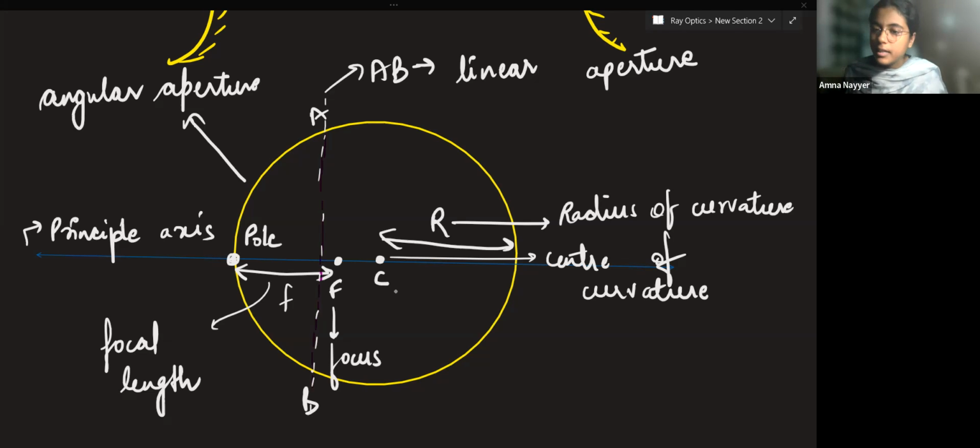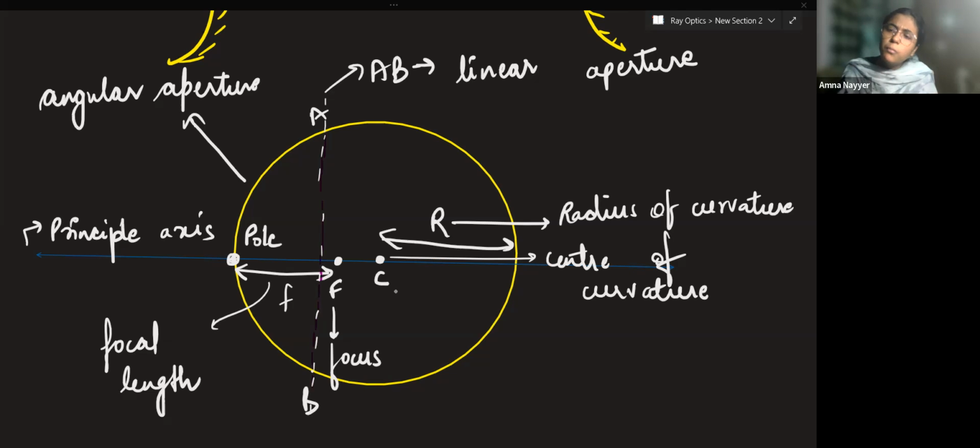All the rays that are present will, after reflection, either diverge or converge at this point, which is known as the focus. Either the rays will converge at this point or they will diverge from this point.